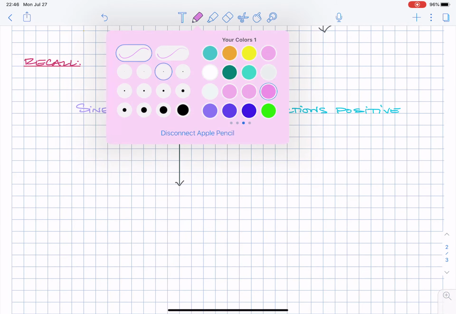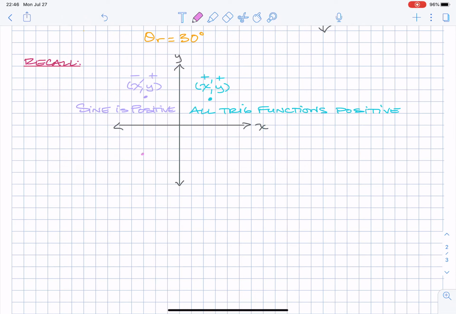So now let's go to quadrant 3. If I have a point x comma y in quadrant 3, well, I know both are negative. So the quotient, tangent, which is y over x, will be positive. So tangent is positive in this quadrant.